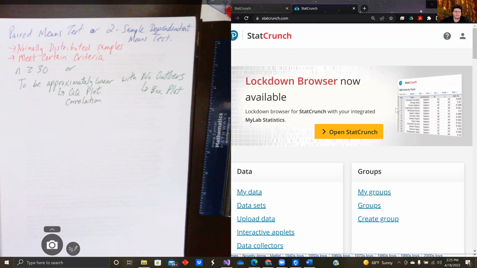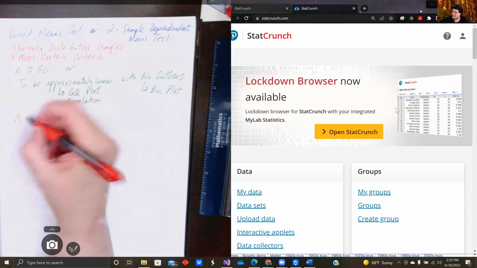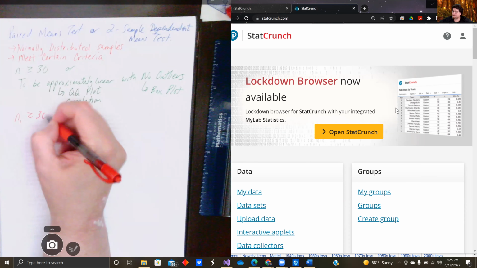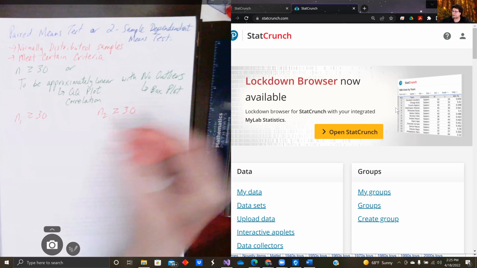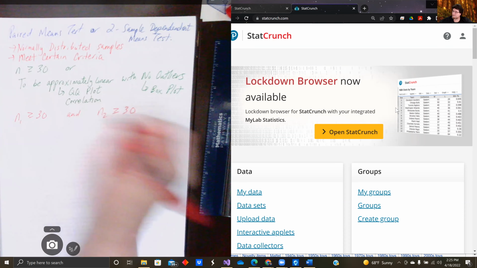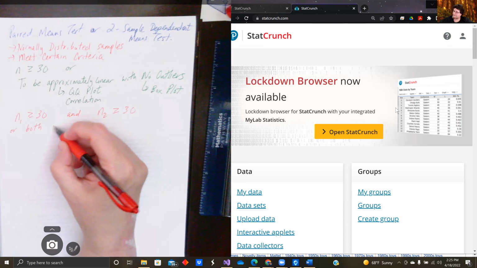How does this translate to two means? Well, the translation to two means is much the same. Now I want N1 to be greater than or equal to 30, and I want N2 to be greater than or equal to 30. The two different groups. Or both groups to meet that criteria above.